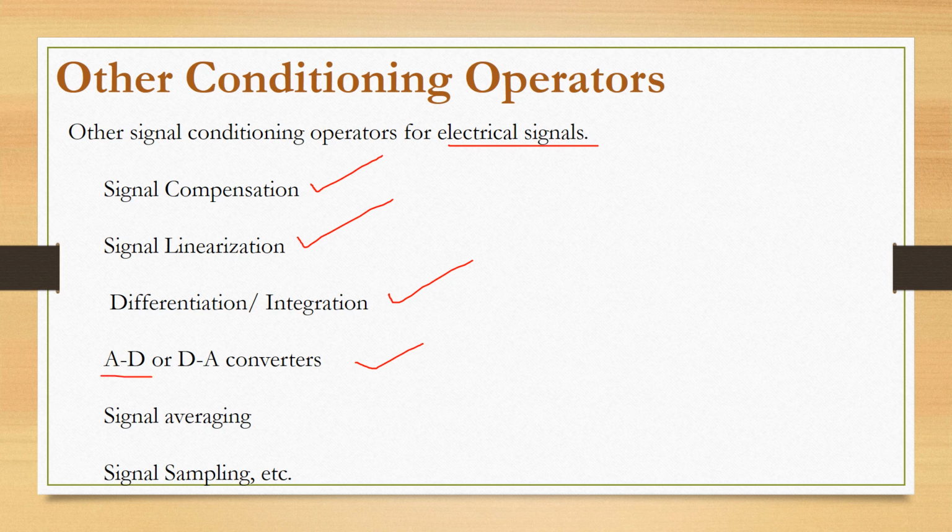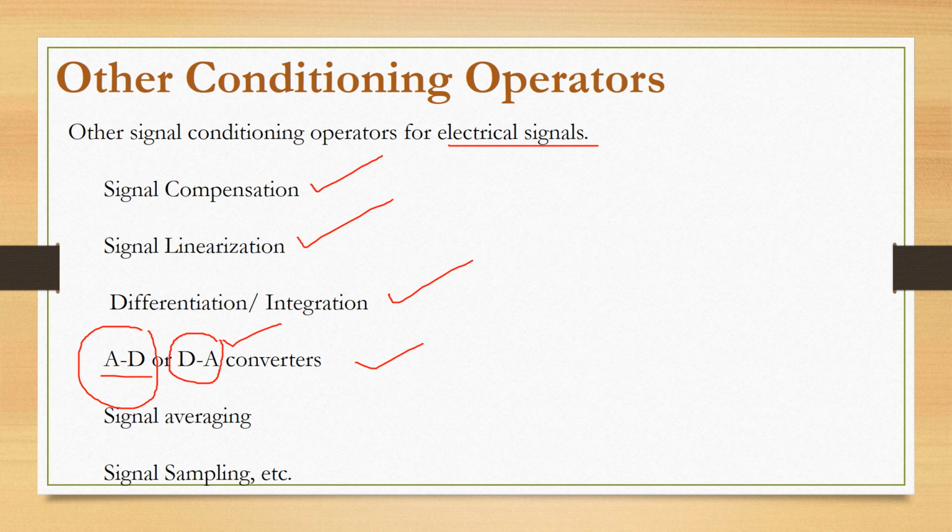So if you are getting output in analog form and you want in digital form, then you have to use analog to digital converters, and if you want reverse, then you have to use digital to analog converters. So this is a separate topic in your syllabus, and we will discuss them in detail.